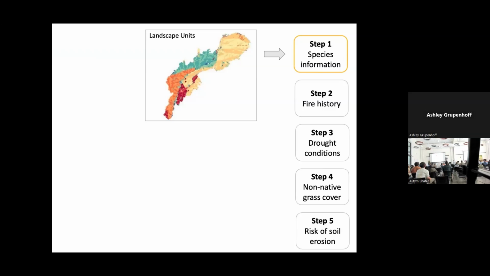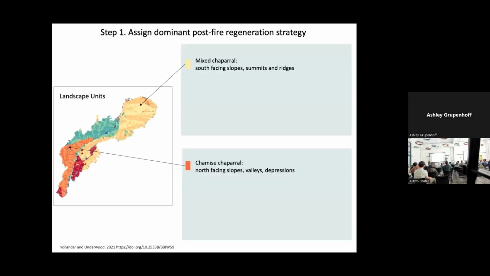The first step is to generate species information on the landscape. What we did, in comparison to the Spanish tool that had very detailed species information maps, is that we didn't have that data available when we developed it. So we used proxy units, these landscape units, and we developed these using vegetation type and also aspect and topography.